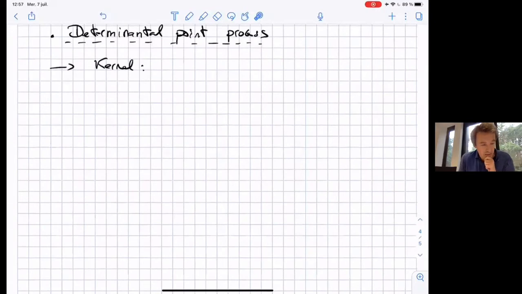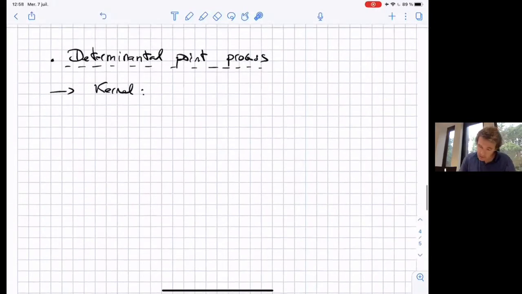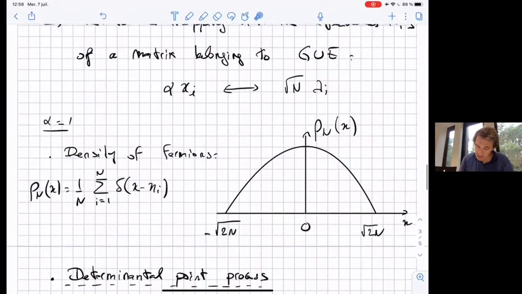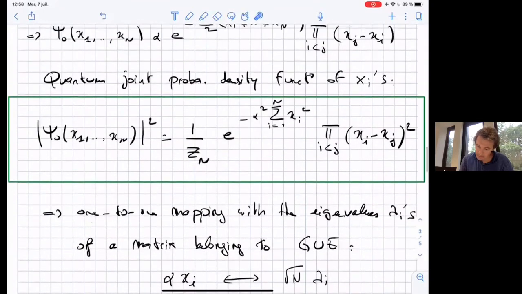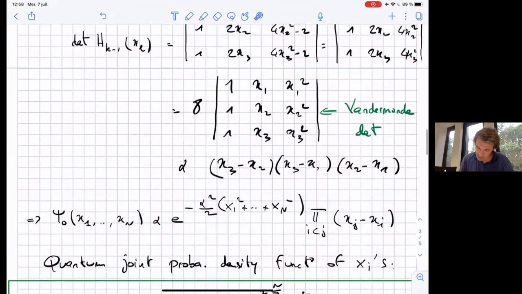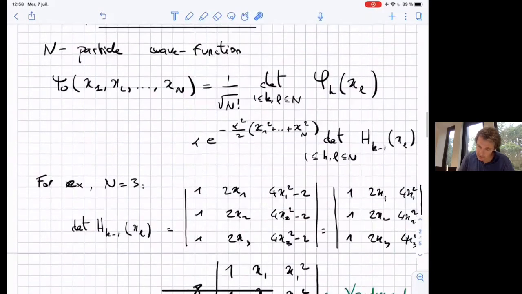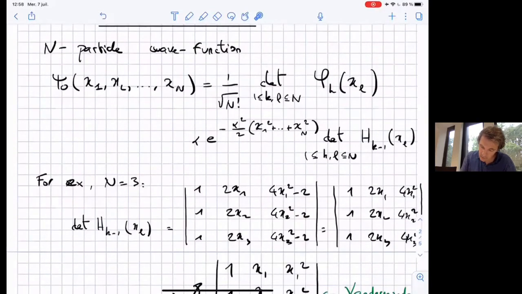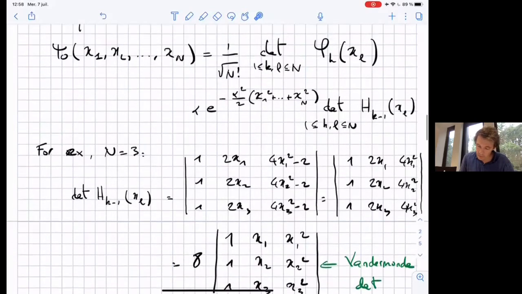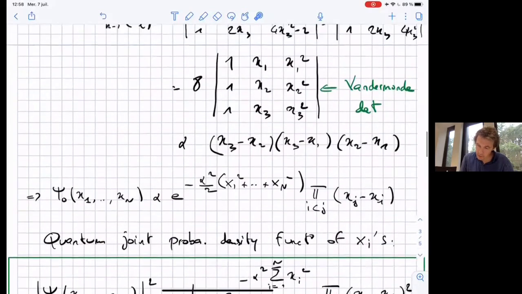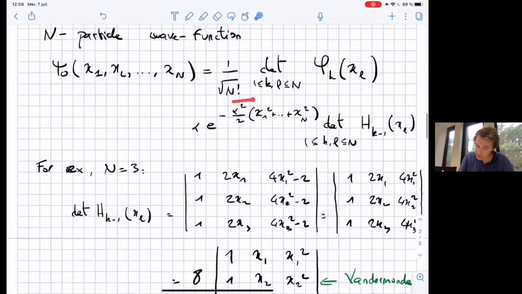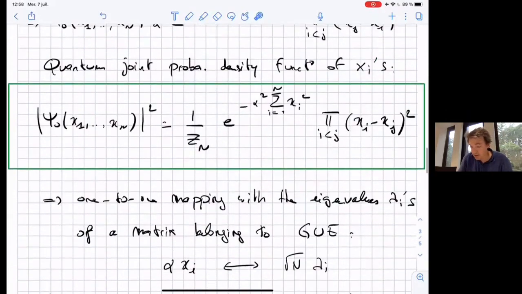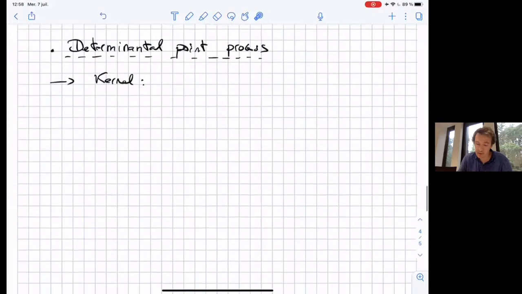So what is this kernel? Well, let me write again this guy here. So I had this psi0, which has this form, right? And therefore, psi0 modulo square is just the modulo square of that. Okay, so let's start with this expression, which in fact defines what a determinantal process is in general.